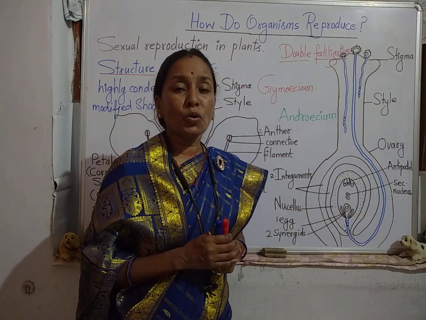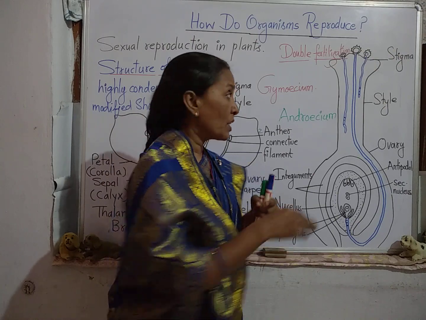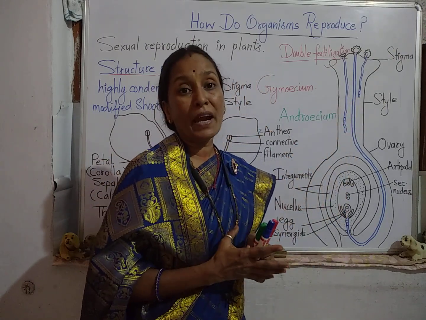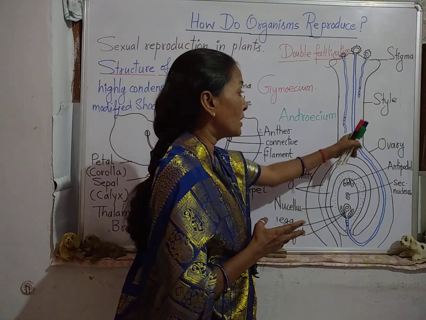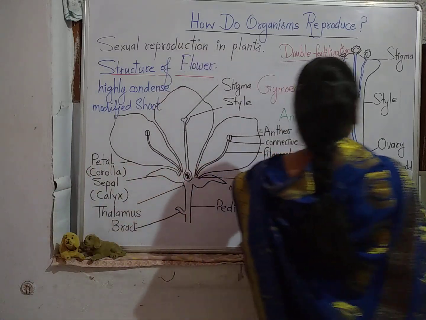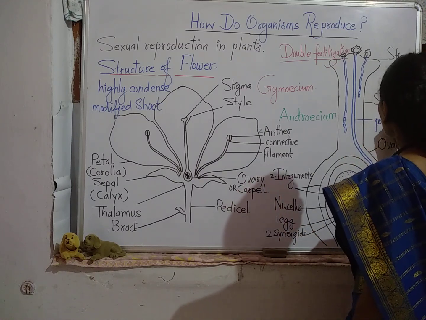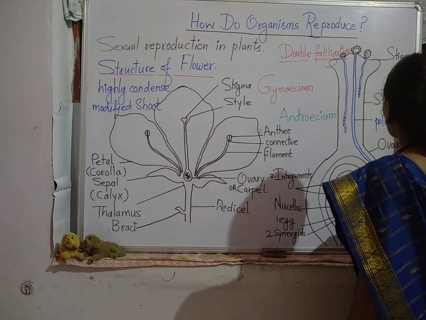This long tube proceeds inside the style. So the style is the means of entry for the pollen tube. Students, this is the germinating pollen and this is the pollen tube.